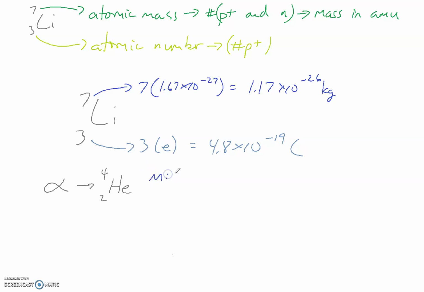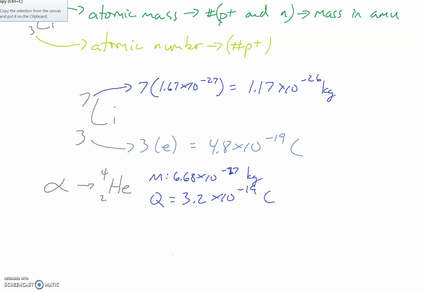So the mass for this one would be about 6.68 times 10 to the negative 27 kilograms. And the charge would be twice the charge of a proton, so around 3.2 times 10 to the negative 19 coulombs. So that's where we can use the atomic mass and atomic number to find the charges and the masses of these things.